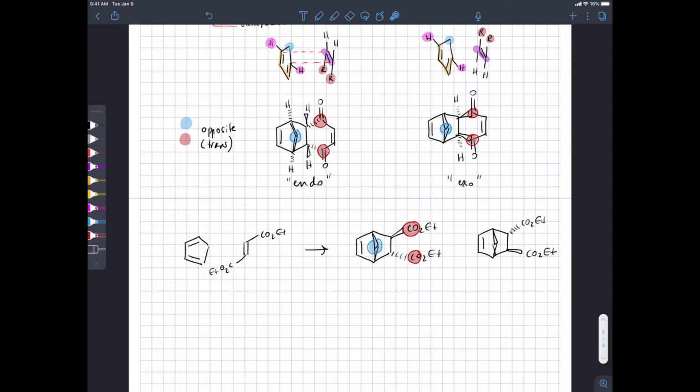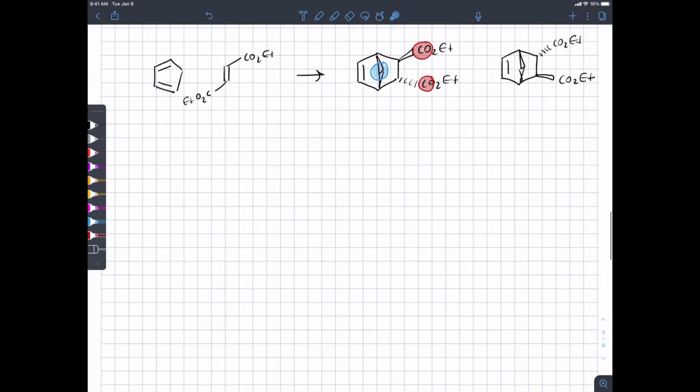All right. Let me show you one more example where assigning endo and exo is possible. And we will do this in the context of a diene that is not cyclic. And again, we're going to pay attention to the groups that are pointing inward on the diene.